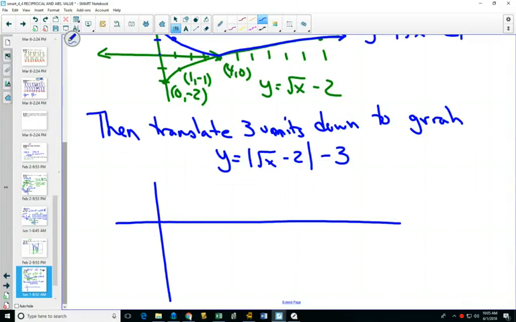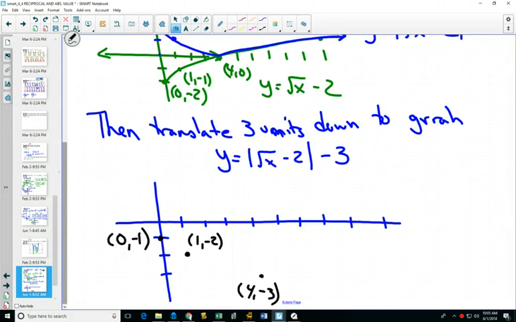So 0, 2 will now be at 0, negative 1. 1, 1 will now be at 1, negative 2. 4, 0 will now be at 4, negative 3.